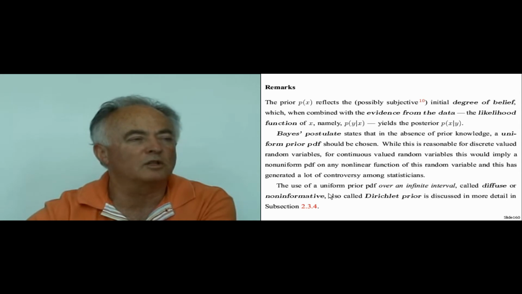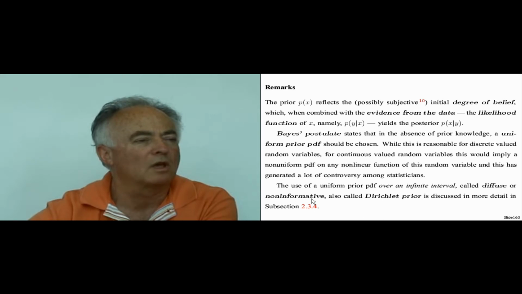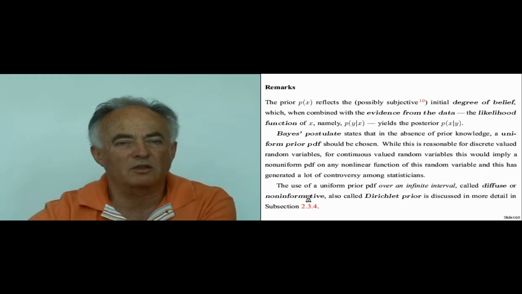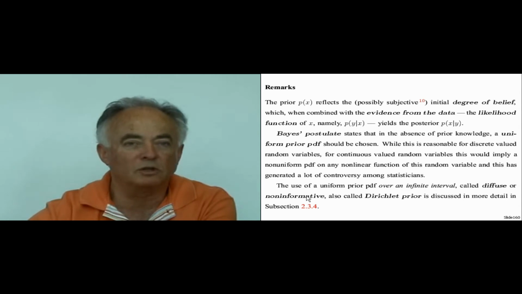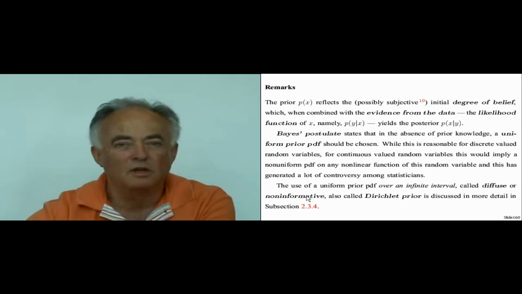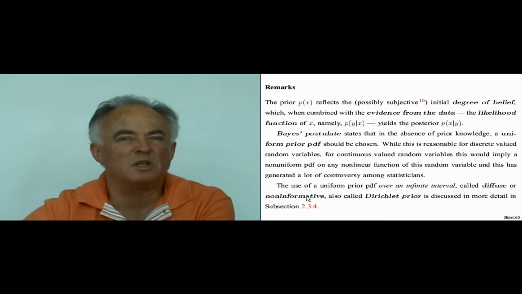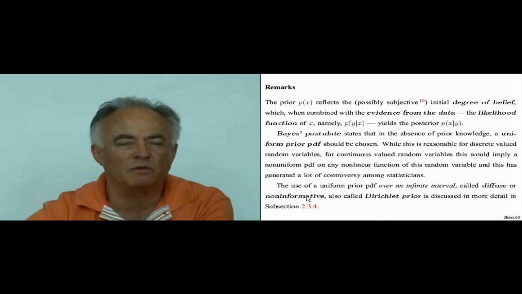There's another interesting thing, which is the use of a uniform prior PDF over an infinite interval, called diffuse or non-informative. For a uniform PDF, the value is 1 over the length of the interval. Now, what happens if the interval goes to infinity? The PDF goes to 0, but what is the integral of 0 from minus to plus infinity? It's not clear whether it is 1. So what we do typically is keep the limits large, not quite infinite.